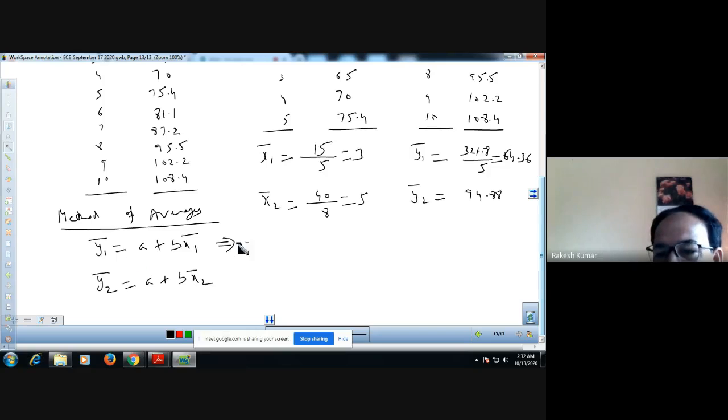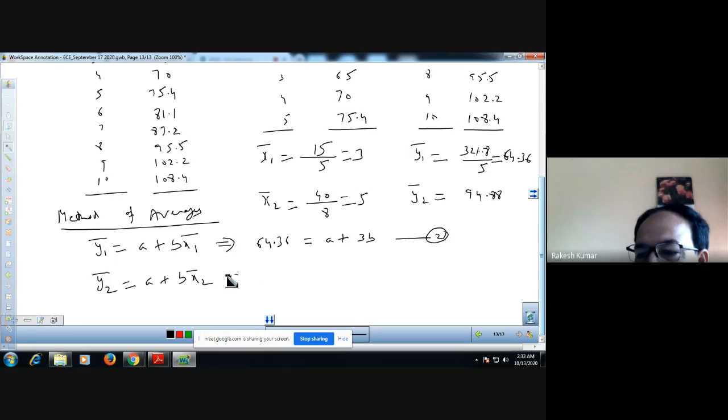From this we can write y1 bar is 64.36, equal to a plus b x1 bar, so this will be 3b. Name it as 2. And from this we shall get 94.88 equal to a plus 5b. This is equation number 3.